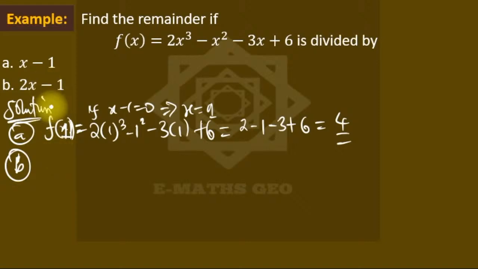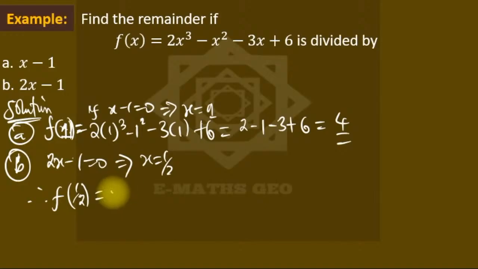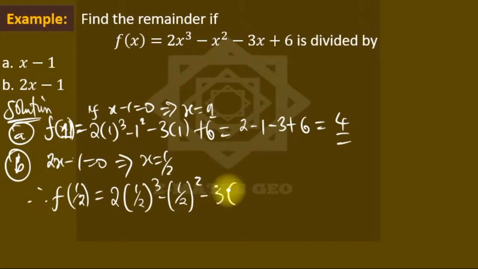Why this one? The same thing. If 2x minus 1 is 0, making x the subject of the formula, x is half. Therefore f of half: we substitute 2 times 1 over 2 cubed minus 1 over 2 squared minus 3 times 1 over 2 plus 6.